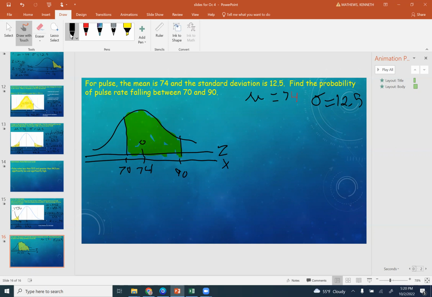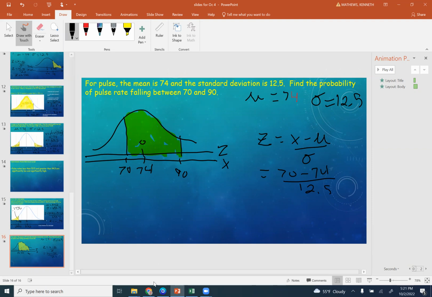So we need to convert our x scores into z scores. So we'll use the formula that z is equal to x minus the mean divided by the standard deviation. So our first z-score for 70 would be 70 minus 74 over 12.5.